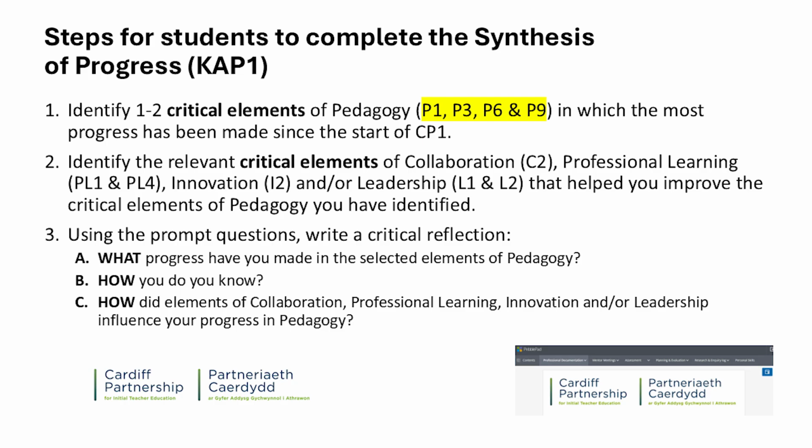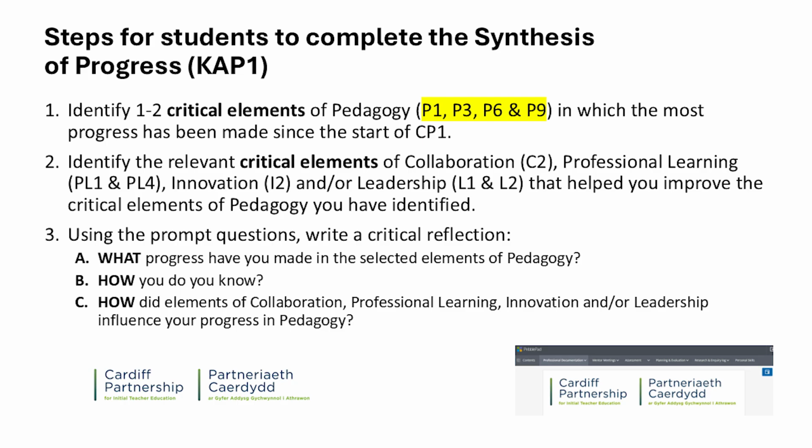So we ask them to target their reflection on the critical elements, so the things that are key to that threshold. Then we ask them to identify the relevant critical elements of collaboration, professional learning, innovation and or leadership that helped them to improve the critical elements of pedagogy that they've identified.